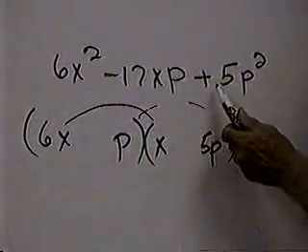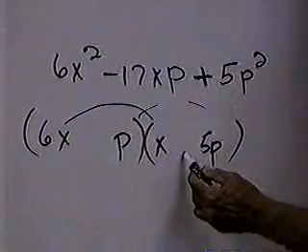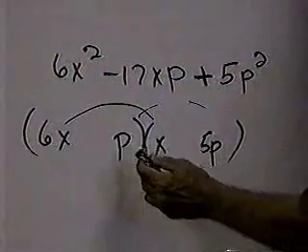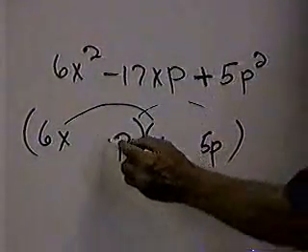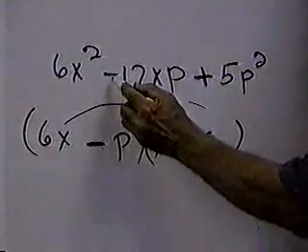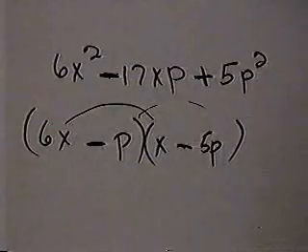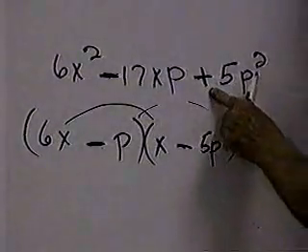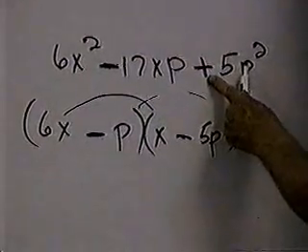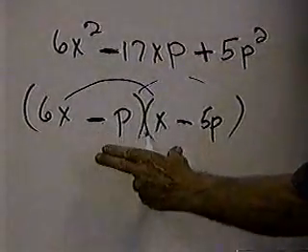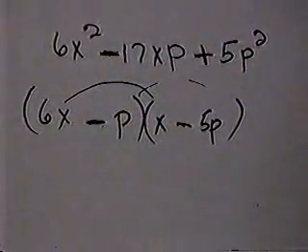Last times, well, wait. Now, if the last term is a plus, then these signs have to be the same, and they have to be whatever that middle one is. So if the last one's a minus, it's plus minus. But if the last one is plus, then it's either going to be 2 minuses or 2 pluses, and that'll tell you which one. All right, now let's check.